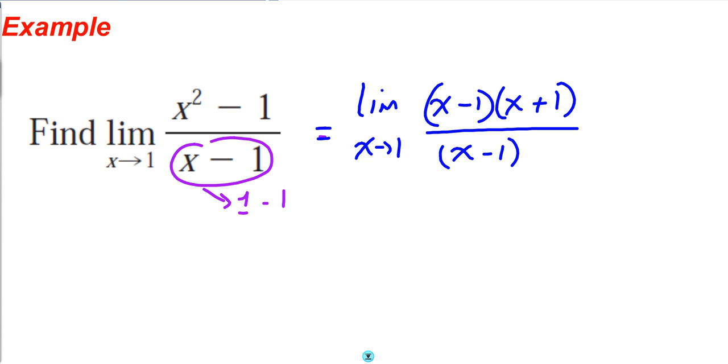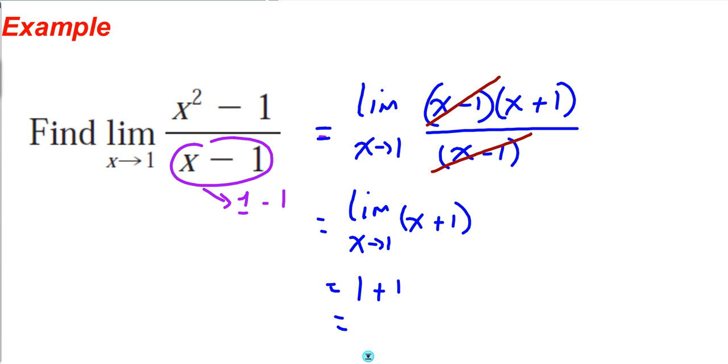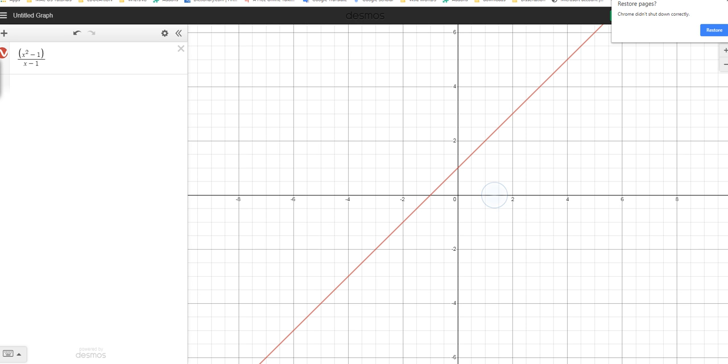The x minus 1 in the denominator cancels out with the one in the numerator to give us the limit as x approaches 1 of x plus 1. And the limit as x approaches 1 of x plus 1 is just 1 plus 1, which is 2. Exactly what we found on the graph here. It approaches 2.